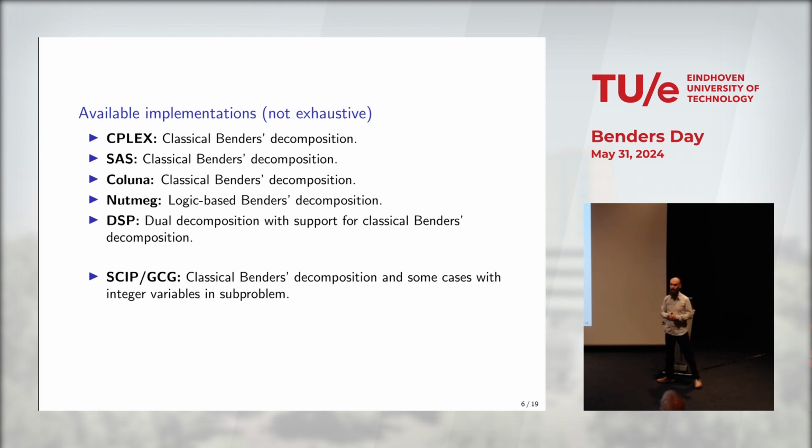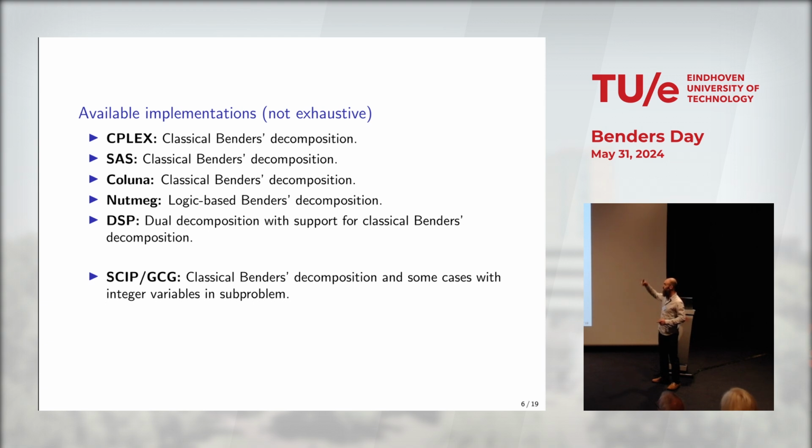Nutmeg was mentioned earlier in John Hooker's talk. That's a logic-based Benders implementation. It's built on top of SCIP, but not using the SCIP Benders decomposition framework; they implemented it themselves. They're actually using a separate CP solver for the subproblem. But again, it's out of the box: you can solve things using Benders decomposition without doing any work.